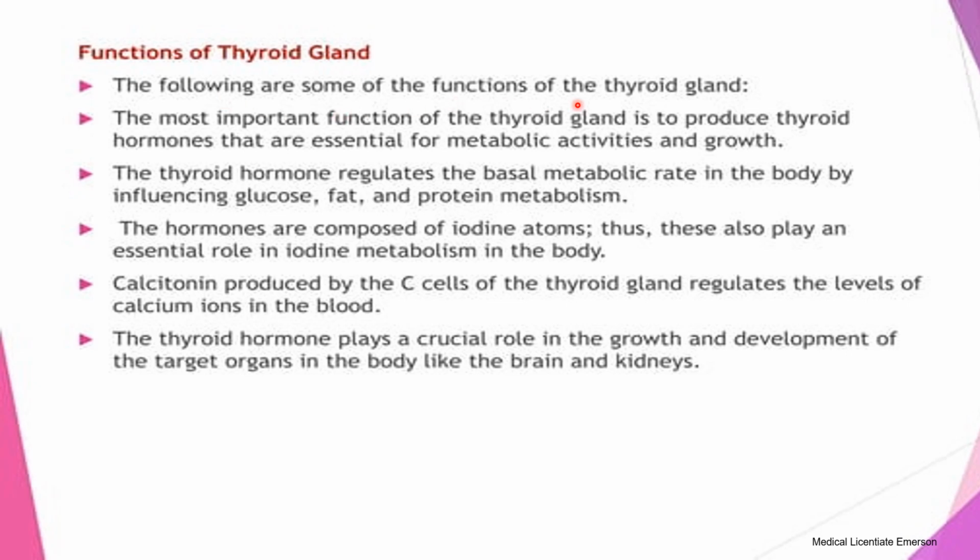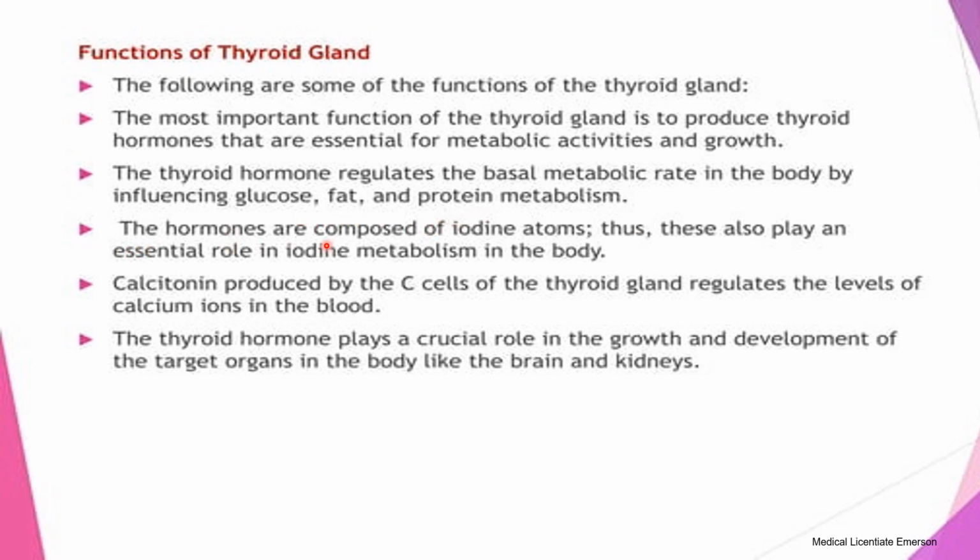So in terms of functions, we are going to use the same hormones once again. The following are some of the functions of the thyroid gland. The most important function of the thyroid gland is to produce thyroid hormones that are essential for metabolic activities and growth. The thyroid hormone regulates the basal metabolic rate in the body by influencing glucose, fat, and protein metabolism.